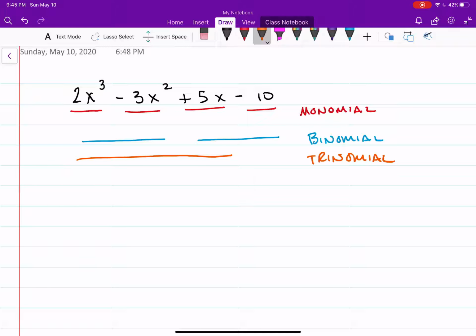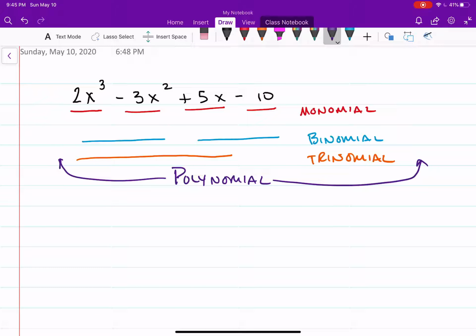All of these, no matter if it's 1 term, 2 terms, 3 terms, 4, 5, 6, or 100 terms, the rest of it is called a polynomial. Okay? So everything else is under the umbrella of a polynomial. Maybe we can think of it that way.